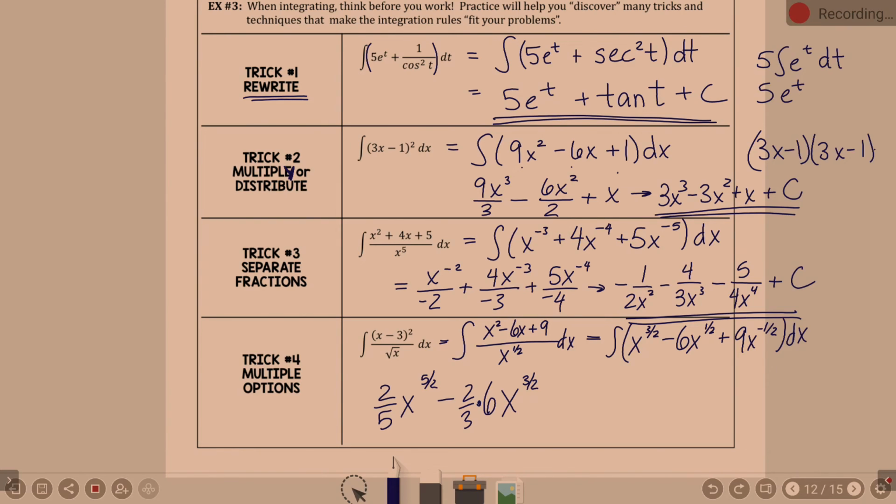And plus, okay, 9x to the 1/2. There's a 9. Add 1 to the power. I'm now at positive 1/2. Dividing by 1/2 is multiplying by 2/1, which is 2.